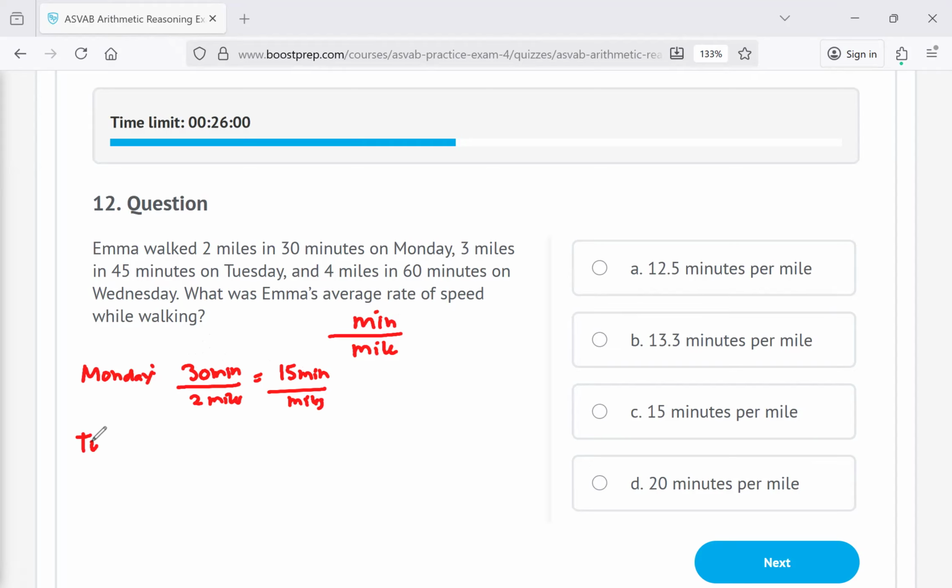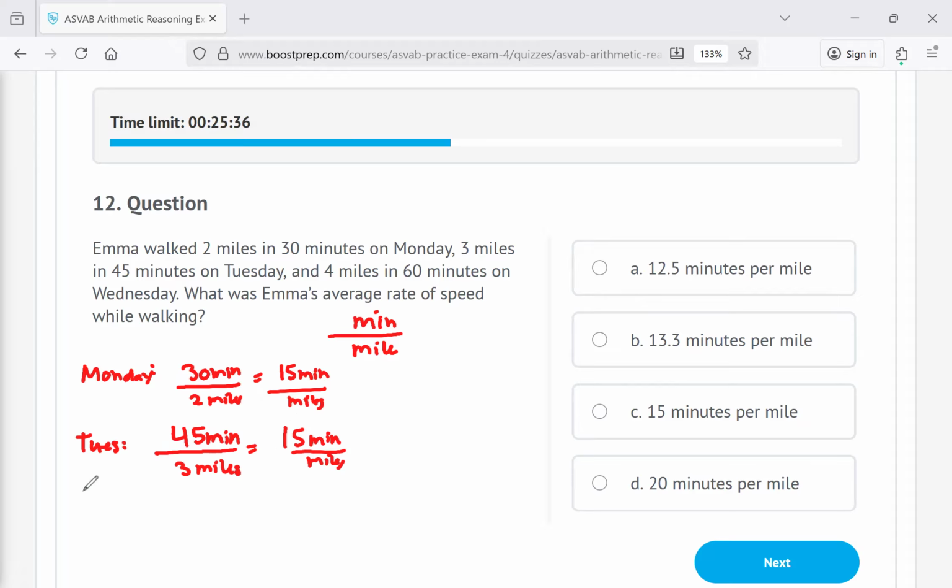And then let's do Tuesday. What was her speed on Tuesday? It said she walked 45 minutes and 3 miles. So what's 45 over 3? 15 minutes per mile.